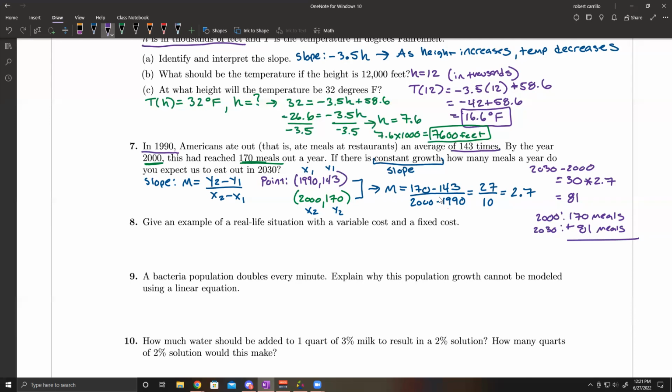In 2030, we will eat 251 meals at a restaurant. So 251 meals is what we will eat in the year 2030. That's a lot of McDonald's.